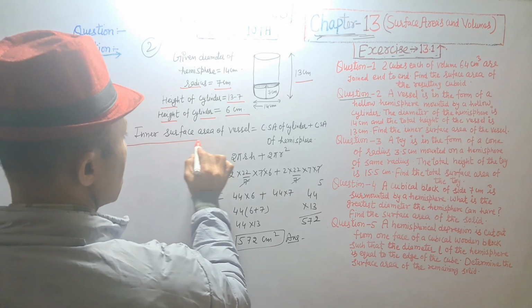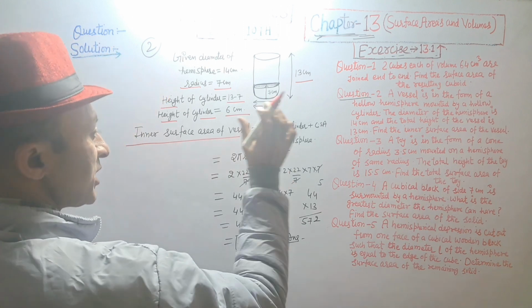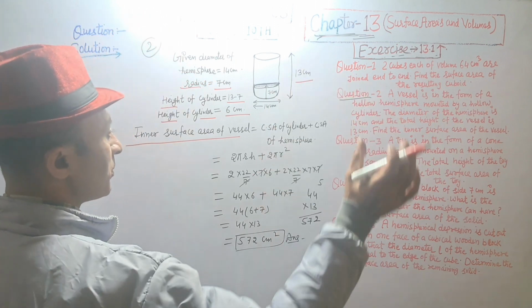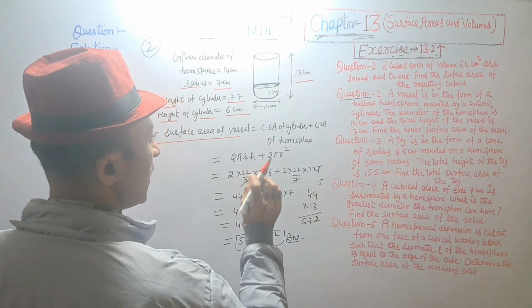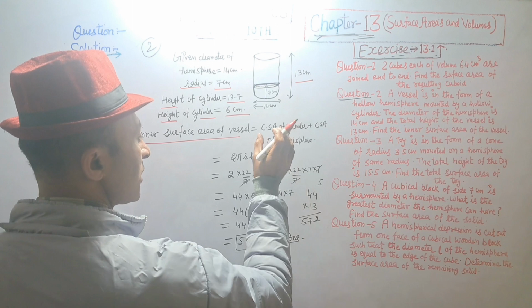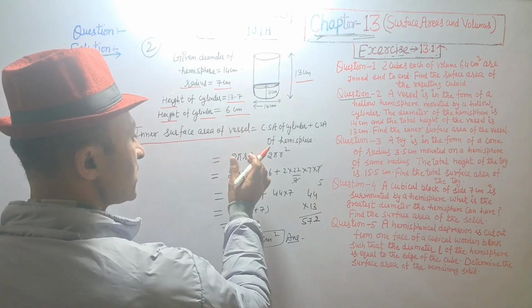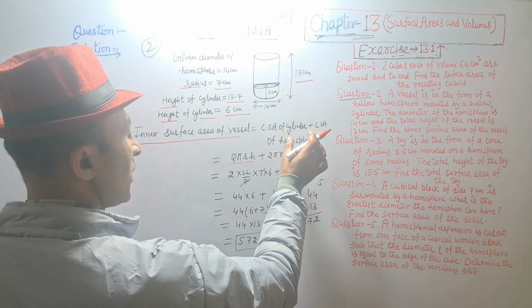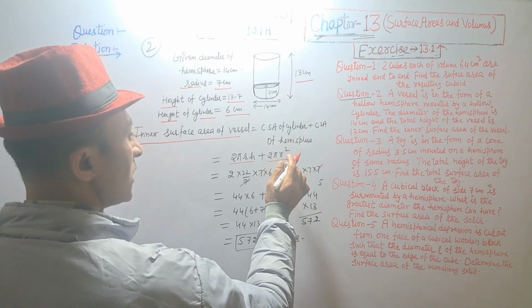Inner surface area of vessel is equal to curved surface area of cylinder plus curved surface area of hemisphere, and we know that curved surface area of cylinder is 2 pi r h, and curved surface area of hemisphere is 2 pi r square.